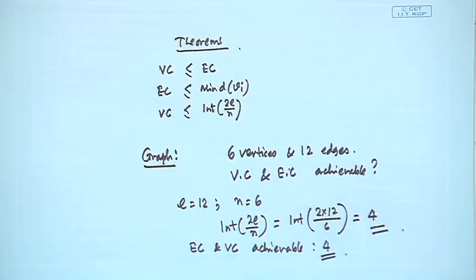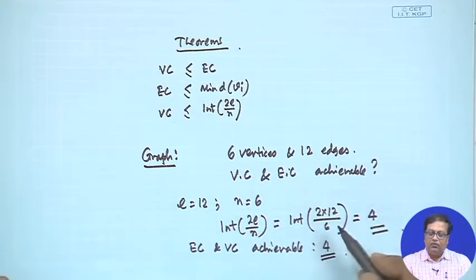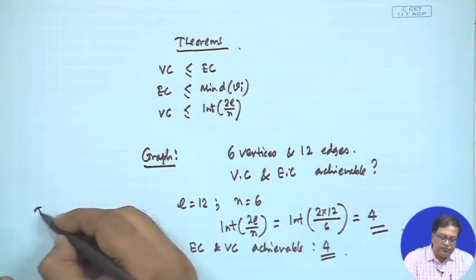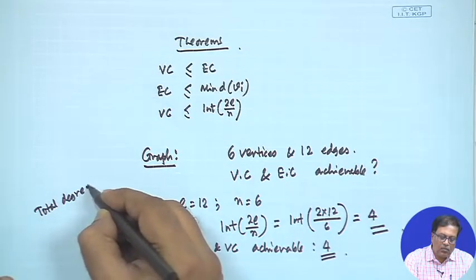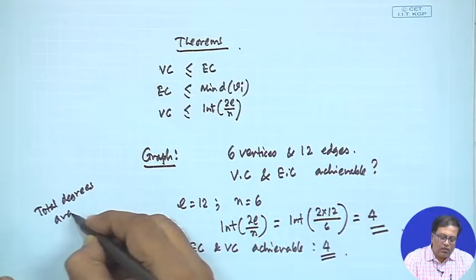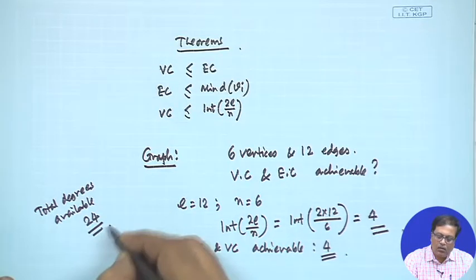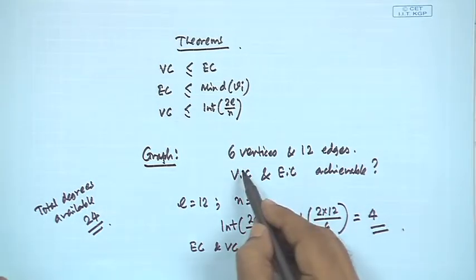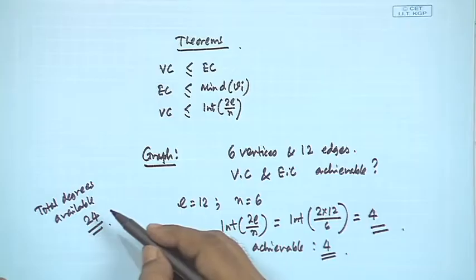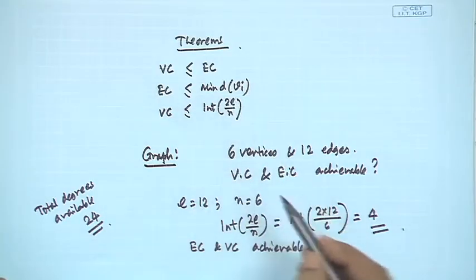And how many total degrees are available in the graph? Total degrees available are 24, because 2 into 12. So, in the 6 different vertices we have to allocate them, and we have to see that each vertex has 4 edges.